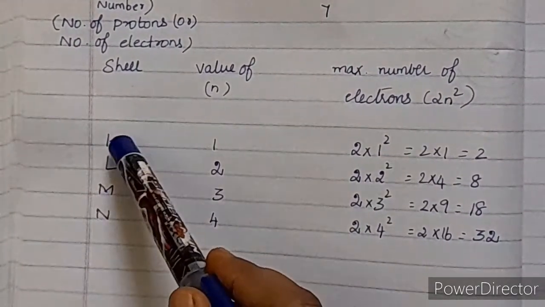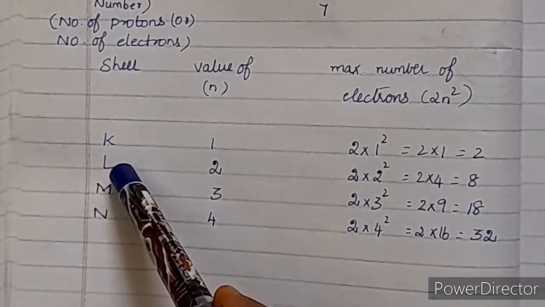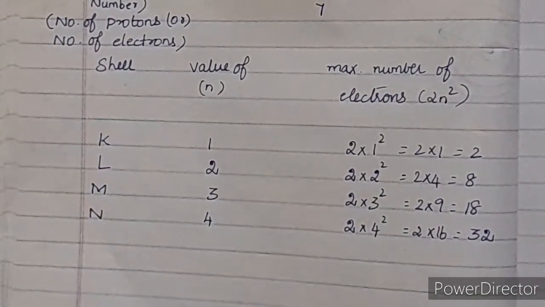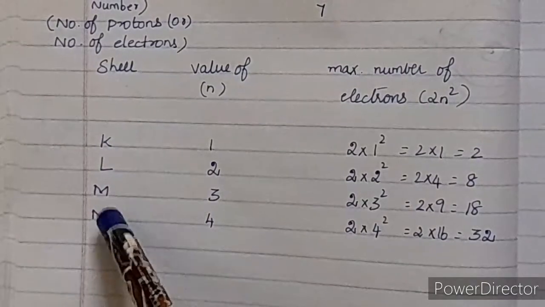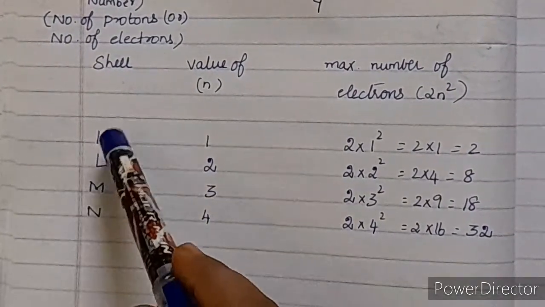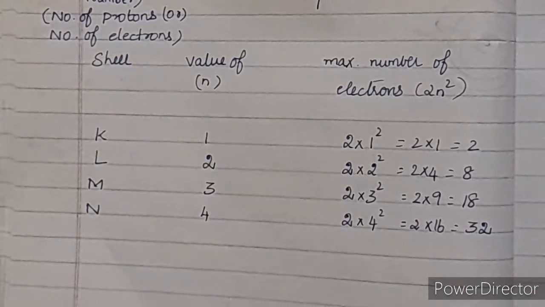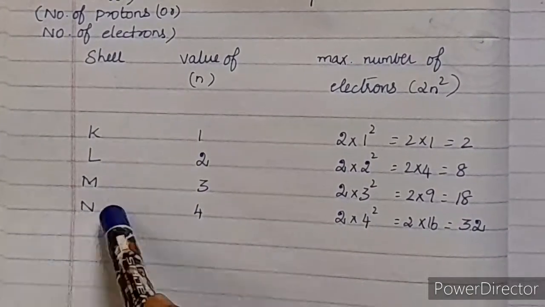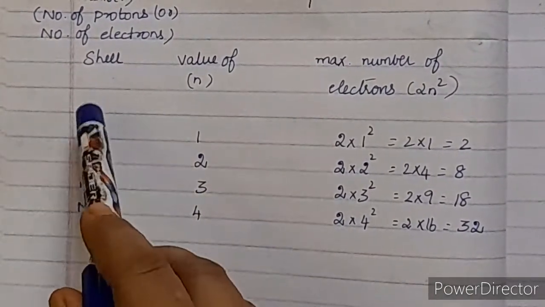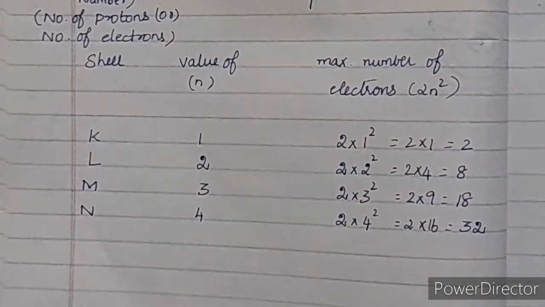I should not fill the L shell before filling the K shell. So it should be in an order. First the electrons should occupy the K shell, then L, then M, and at last the N. So it should be in a stepwise manner.